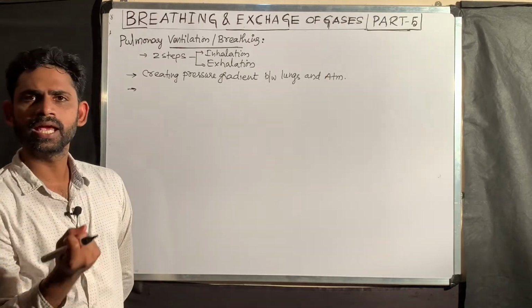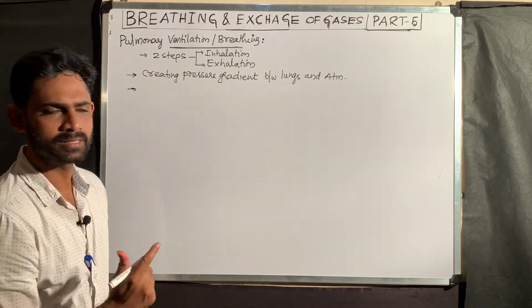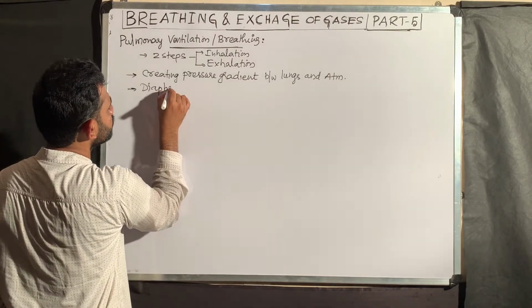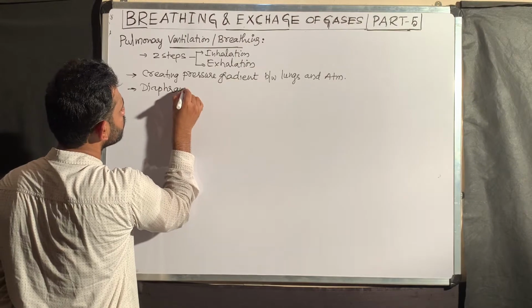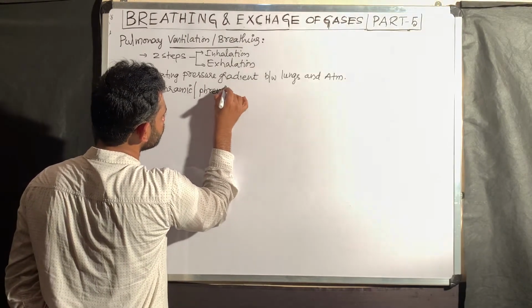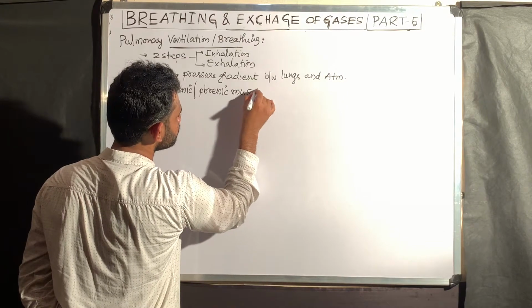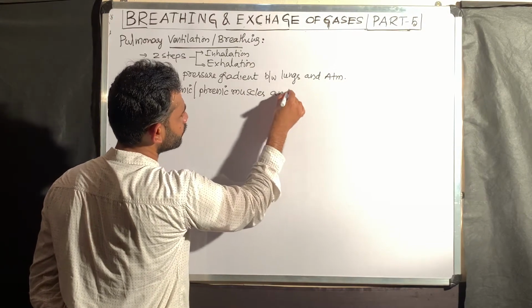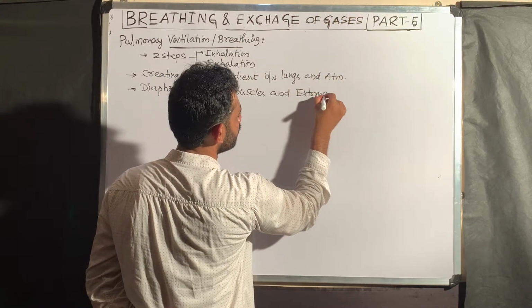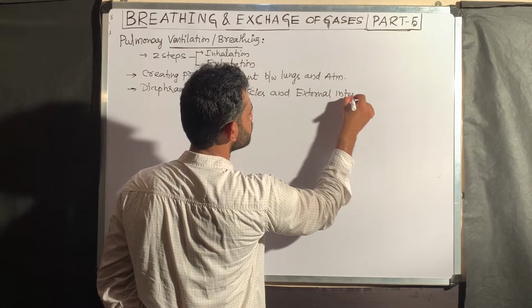In this creation, there are two different types of muscles. One is diaphragmic or phrenic muscles, and external intercostal muscles.